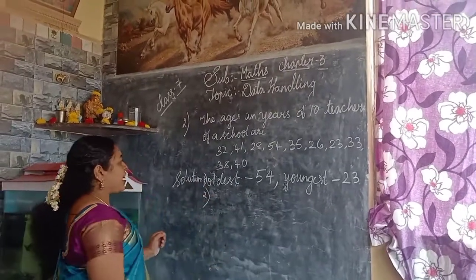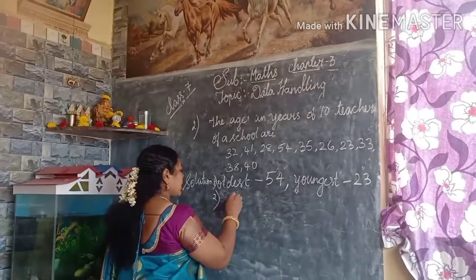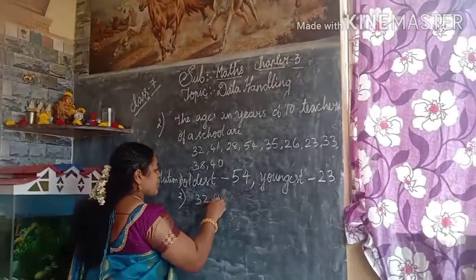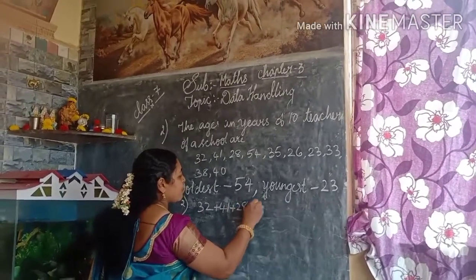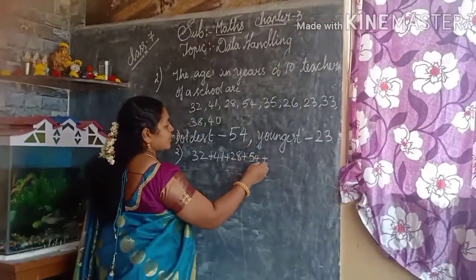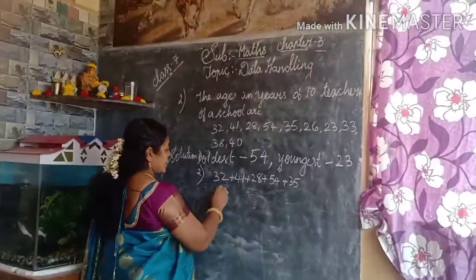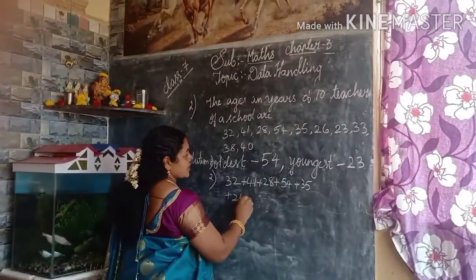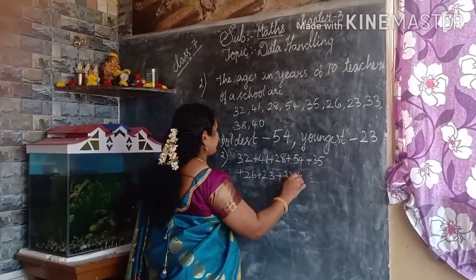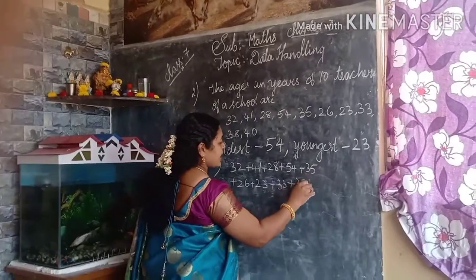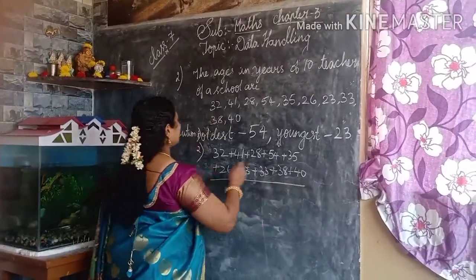Second question, find the mean. So let us start finding the mean. 32 plus 41 plus 28 plus 54 plus 35 plus 26 plus 23 plus 33 plus 38 plus 40 by how many teachers here?